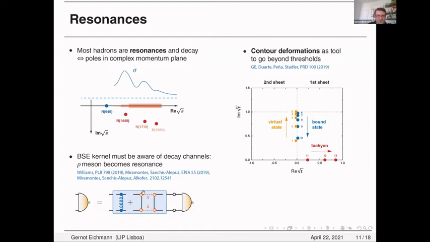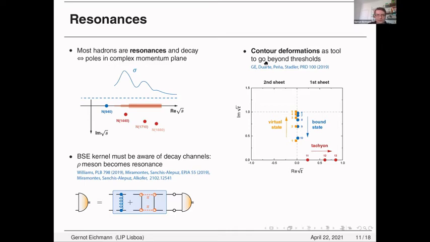But once these effects are included, the rho meson becomes a resonance and indeed develops a pole on the second Riemann sheet. And the numerical tool to accomplish this is to use contour deformations in the complex plane. Because once you have internal poles and more than one integration, they will produce branch cuts which interfere with the integration contour, which then has to be deformed.